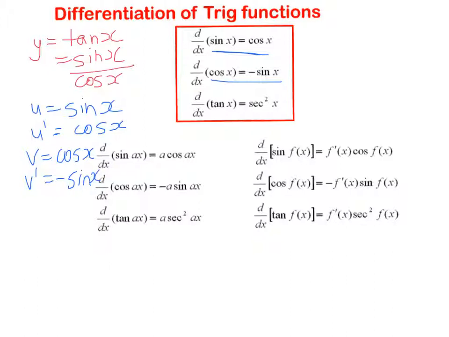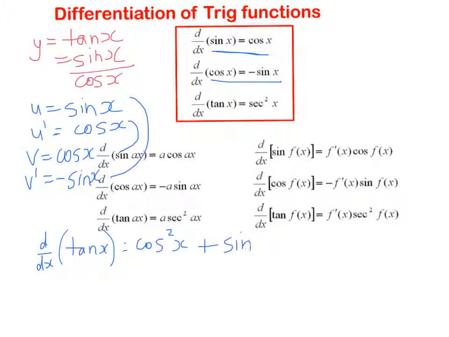So using our quotient rule, the derivative of tan x is going to be the insides, cos squared x, minus the outsides. Sine x times negative sine x is negative sine squared x, but with that negative there, it turns into a positive, all over v squared.